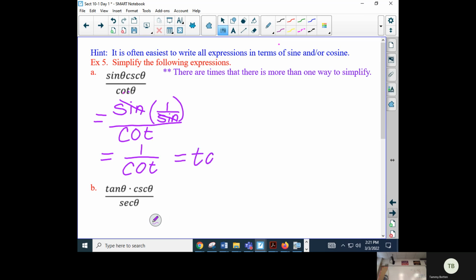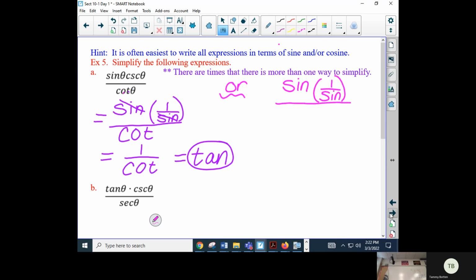But if you didn't see that, because you guys are just kind of getting used to this, what you would do is you'd write it as sine times 1 over sine divided by cotangent, which is cosine over sine. Do you guys get these sines are going to cancel?